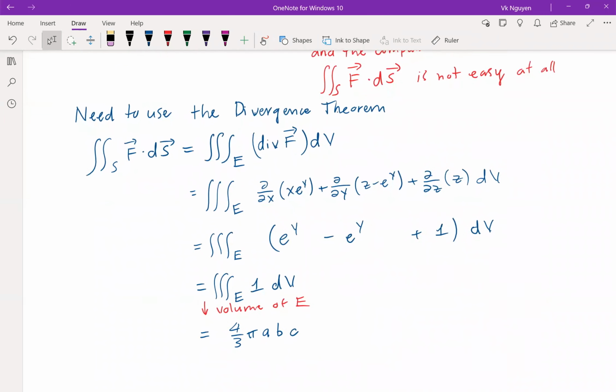So x squared over 4 plus 2y squared over 4 plus 3z squared over 4 equals 1.